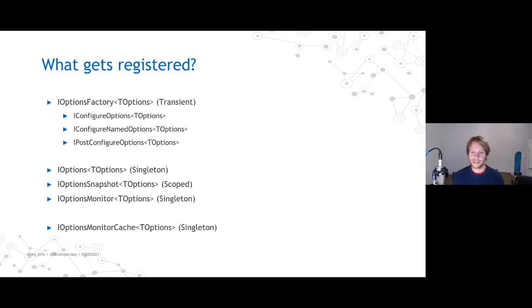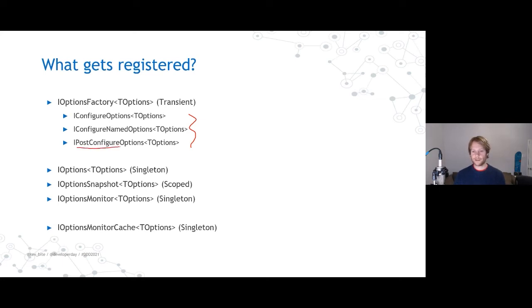Once you've registered that, it gives you a bunch of stuff under the hood. It gives you an IOptionsFactory, IConfigureOptions, IConfigureNamedOptions, IPostConfigureOptions, and also an IOptions of your type of options, a snapshot version of it, a monitor version of it, and a cache version of it. These up here are really useful if you want to reconfigure your configurations after they're loaded. There are ways to plumb in after it's bound all your configuration, so you can then configure it based on your needs.